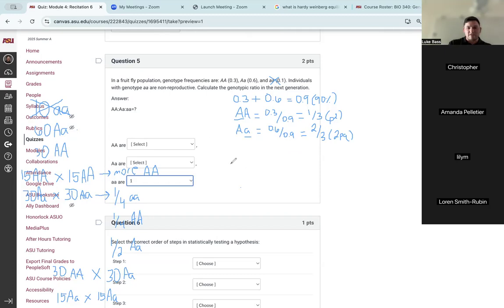So we eventually are going to be able to find somehow that the proportion of A, which is going to be the same thing as P, is going to equal 2/3. And then you're going to find that the proportion of little a, which is Q, is going to be 1/3.